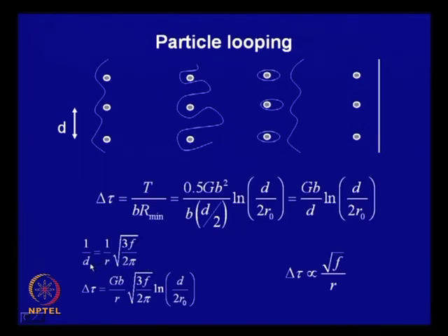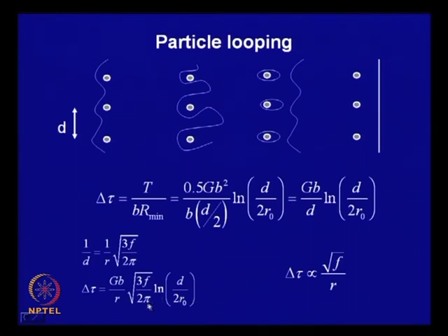It is possible to show that if you have uniform particles of radius r distributed in a unit volume and the volume fraction of precipitate is V, the distance between the particles will be given by this. So, if you substitute over here, you get this expression.